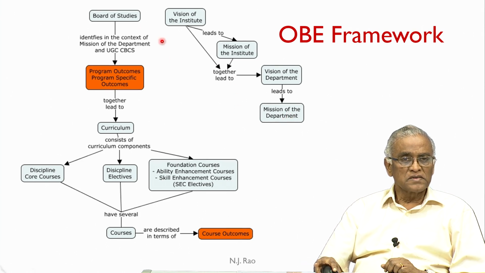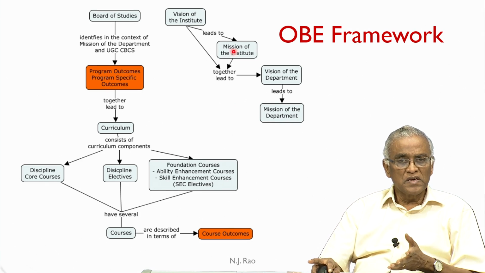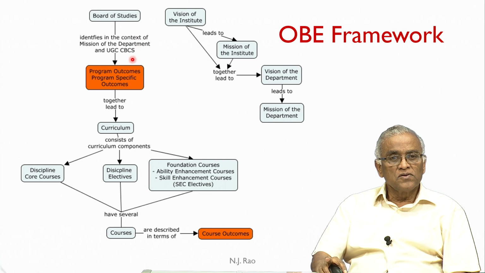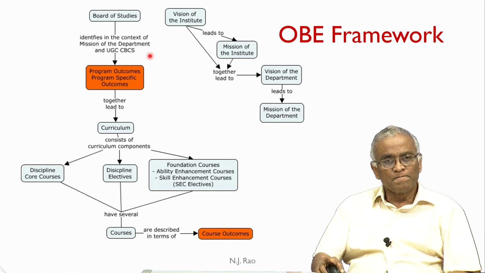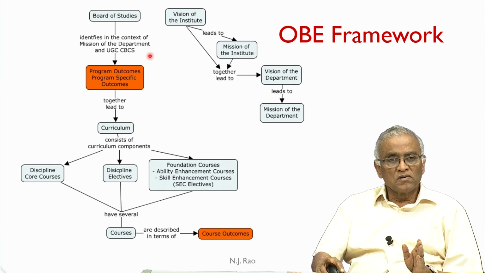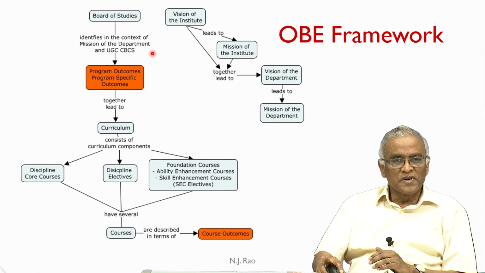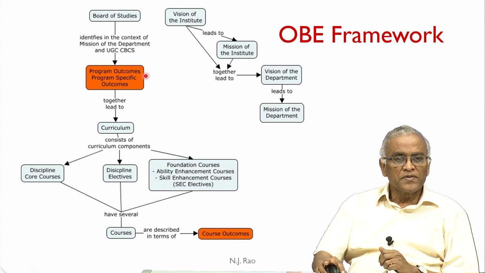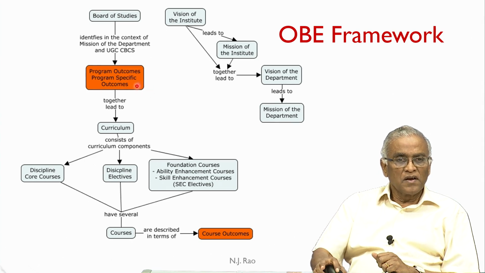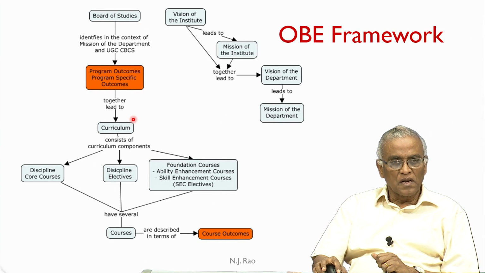And the board of studies, keeping the vision and mission of the department, identifies, in the context of the mission of the department and the UGC CBCS, which we will elaborate later, that is choice based credit system, the program outcomes and program specific outcomes. These two together should lead to the curriculum.